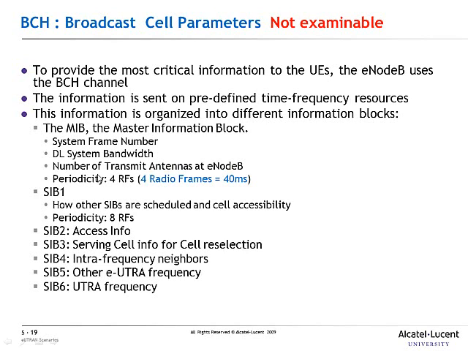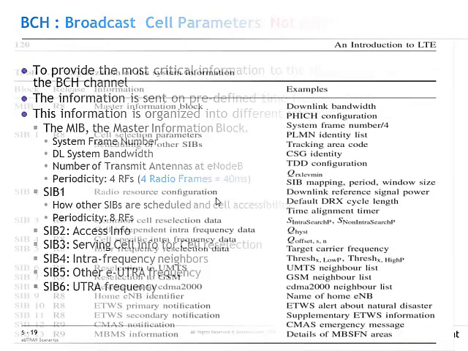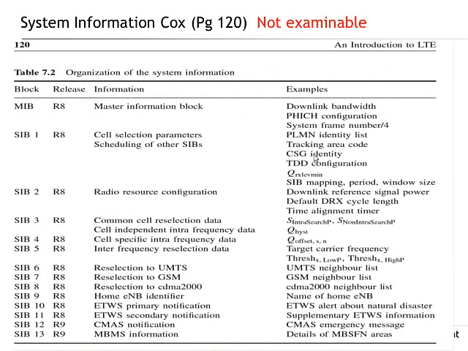There's a whole lot of other information transmitted on the broadcast channel, which enables the UE to work with the network. And as I said again, I don't expect you to know what's in SIB1, what's in SIB2 and so forth. So you can download this book if you're interested in more information about what's transmitted in the broadcast channels, and have a look at that.